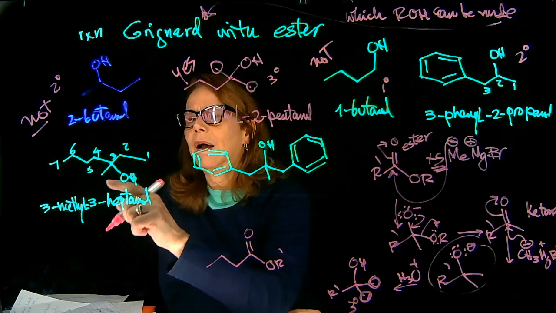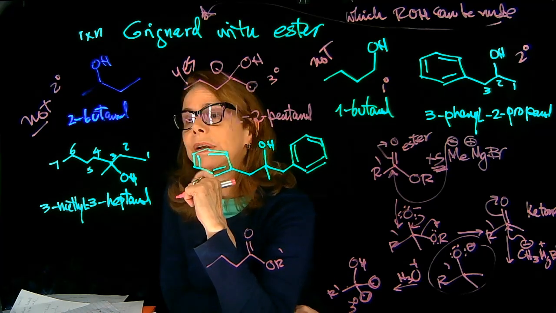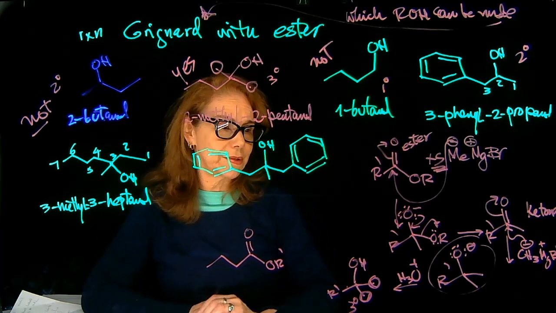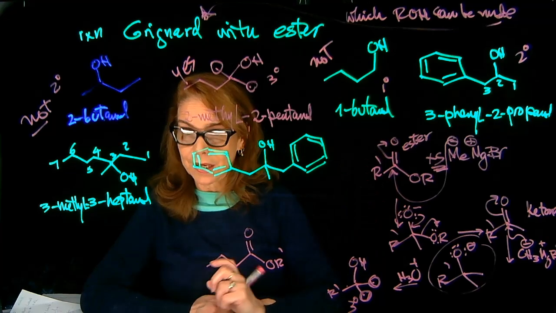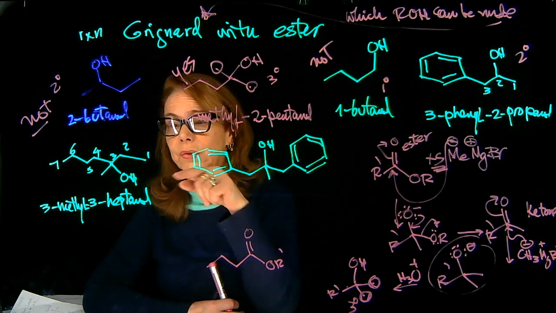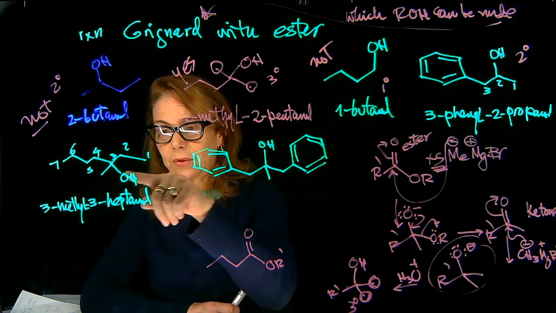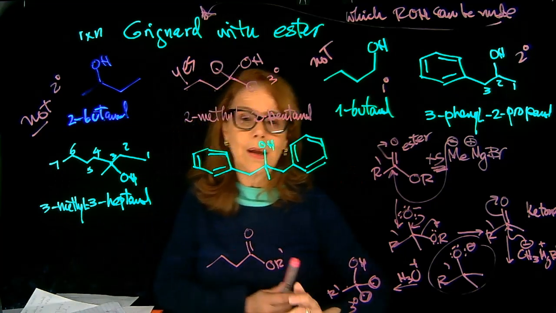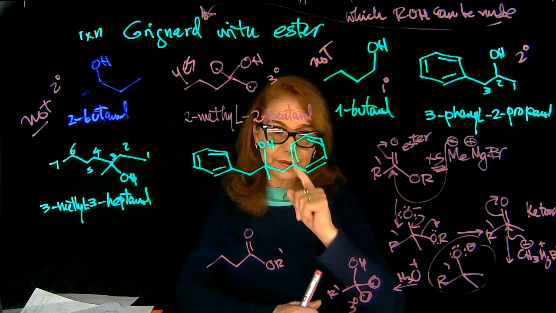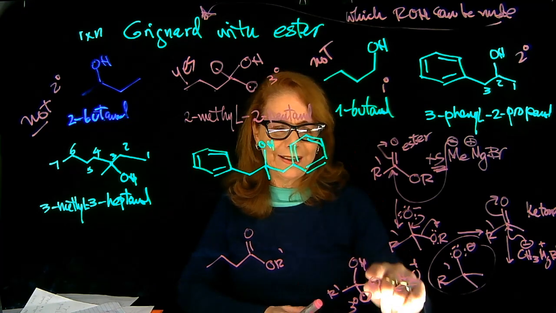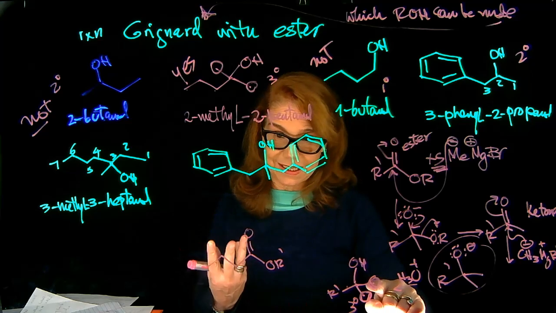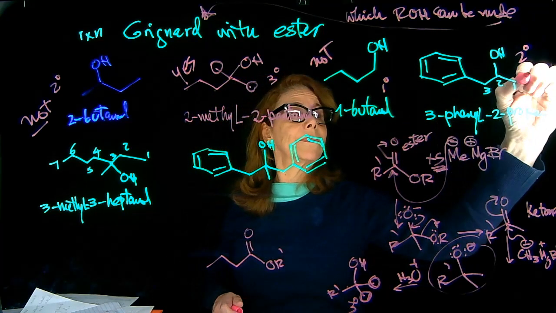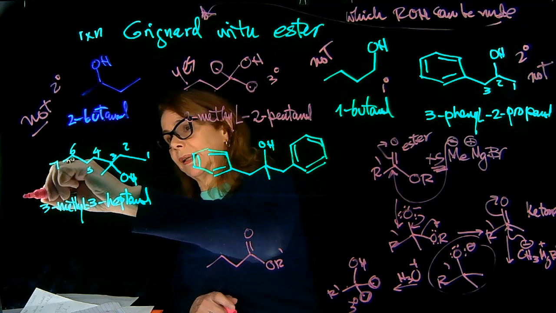This substrate here is tertiary, but what do we see here? That the three R groups are different. So I cannot use the same Grignard twice, because I need to have the two R groups the same. And here I have ethyl, methyl, and 1, 2, 3, 4, butyl. So it doesn't work. Again, the first condition is that it is a tertiary alcohol, and the second is that you have two groups the same coming from the excess Grignard. Not the case here, so I cannot make it that way.